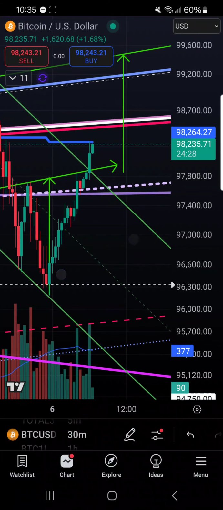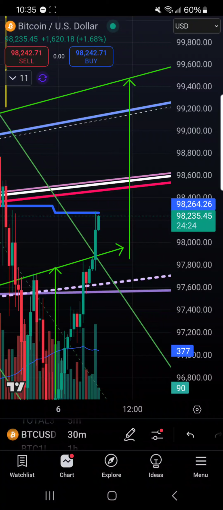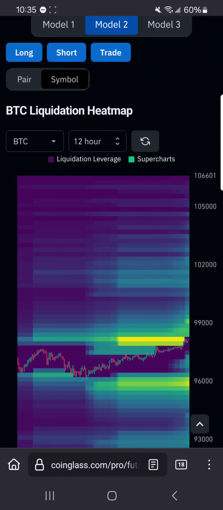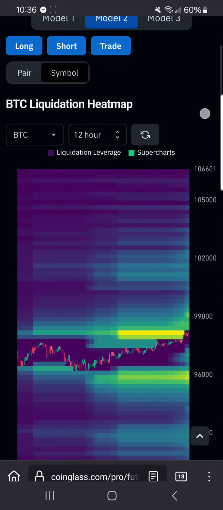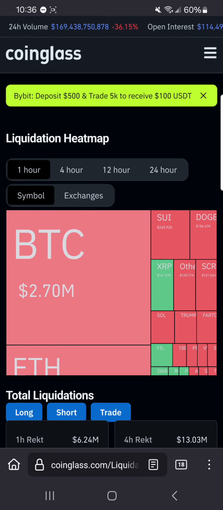So here we are. We did get rejected on the first attempt at the 55 exponential, but we are now making a second attempt here. And on the liquidation heat map on CoinGlass, it does look like we did get that yellow. But let's see what that amounted to here.